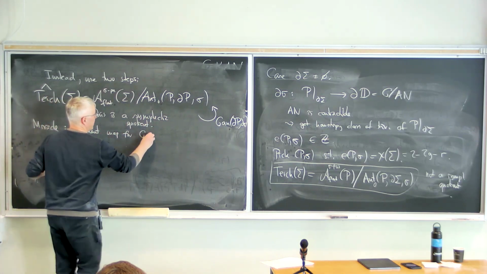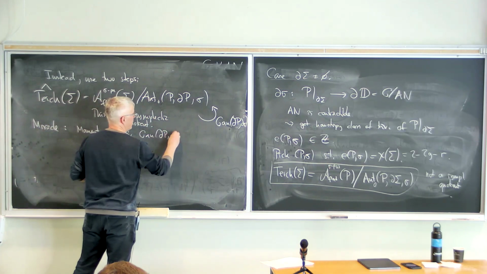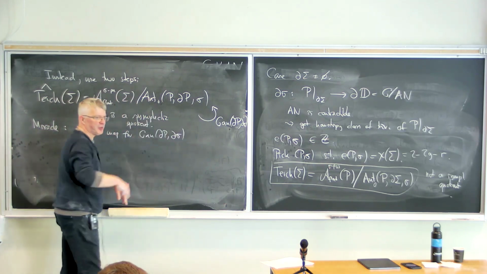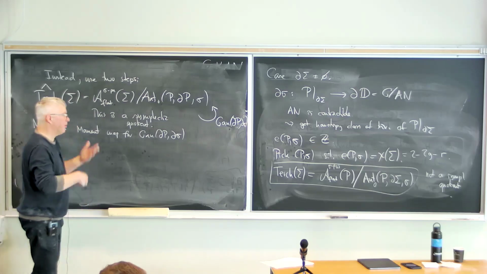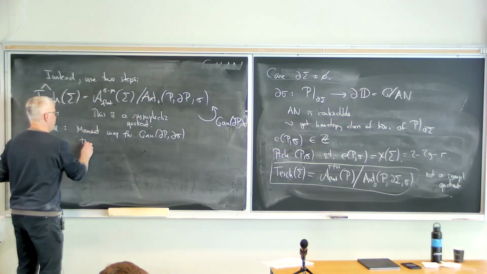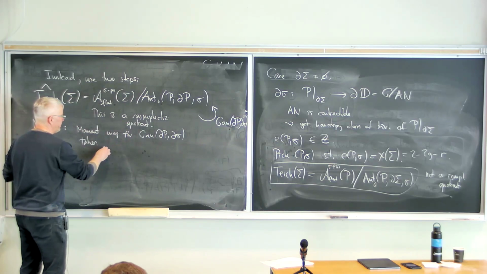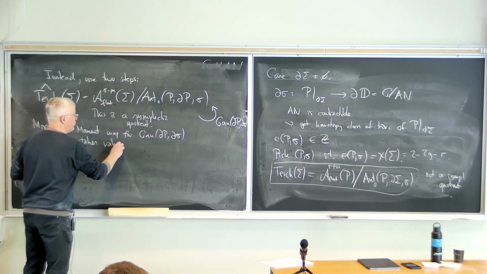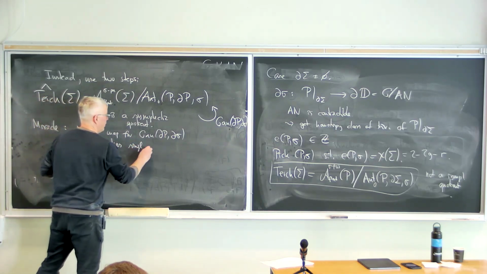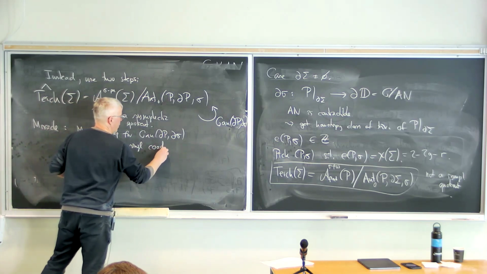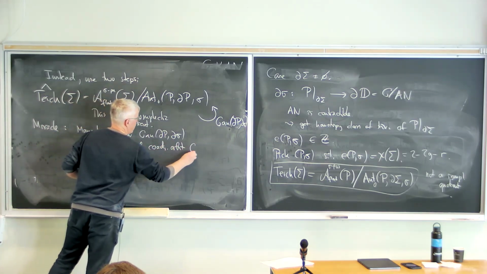The moment map for this gauge action. One has to think about where it actually takes values, and so on, but it turns out it takes values in a single coadjoint orbit.